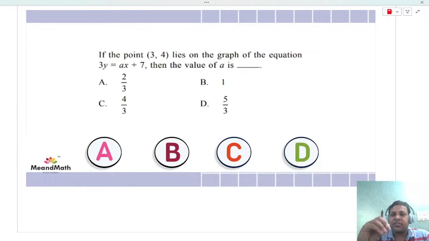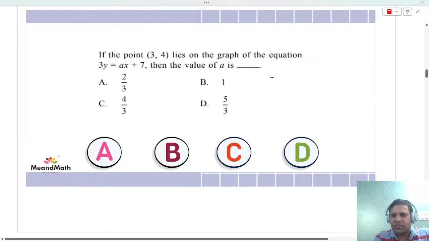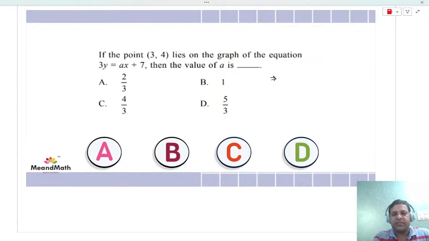If we replace the values of x and y, it satisfies. So we have to replace x is equal to 3 and y is equal to 4 in the equation. That's a calculation based question, not a difficult one. But one thing you have to keep in mind is that any solution means the values are satisfying the equation.